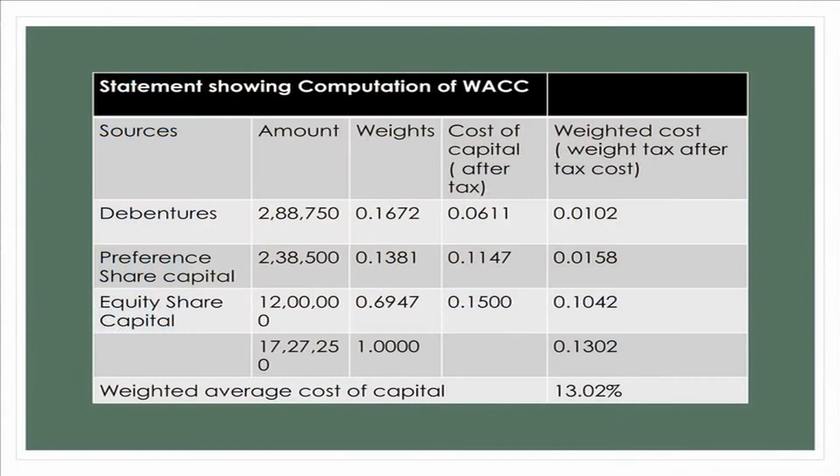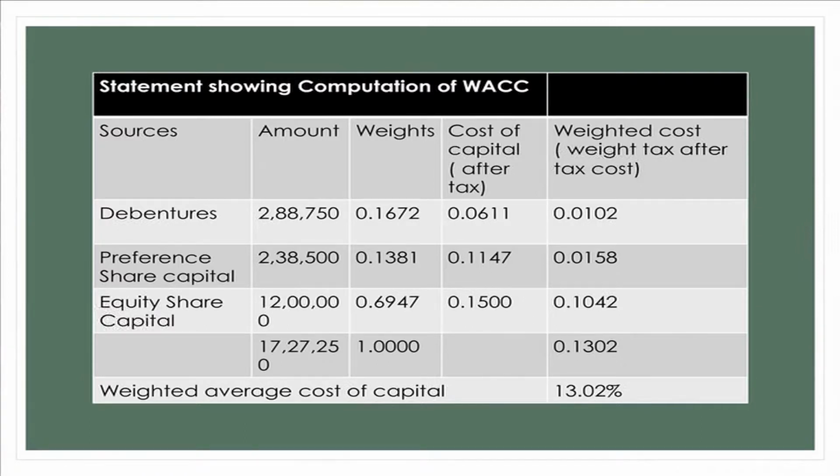So, we will present our final presentation in a tabular format where we will have sources, amount, weights, cost of capital and finally weighted average cost of capital. Debentures would be worked out as 2,88,750, preference share capital 2,38,500 and equity share capital 12 lakh. Aggregating them all, we have total funds as 17,27,250.